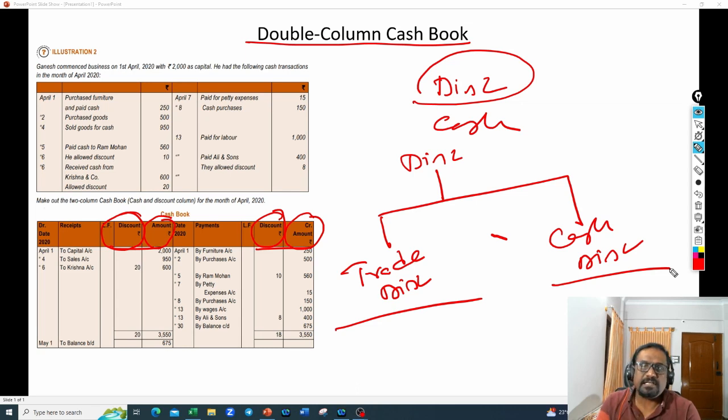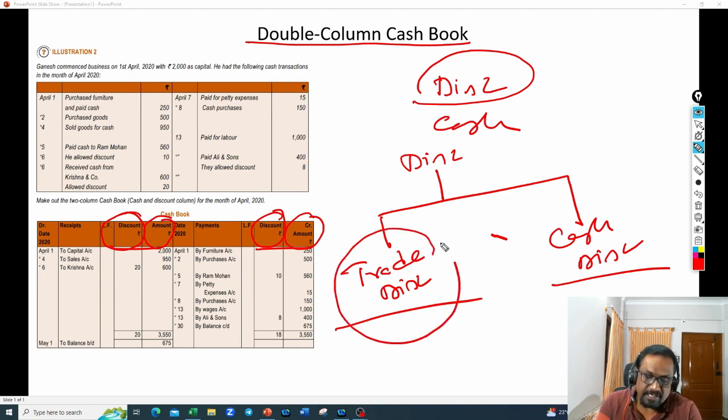Trade discount is the discount given to the buyer at the time of negotiating, purchasing, or preparing the invoice. Since it is given at that time itself, this discount need not be shown in the books of accounts.